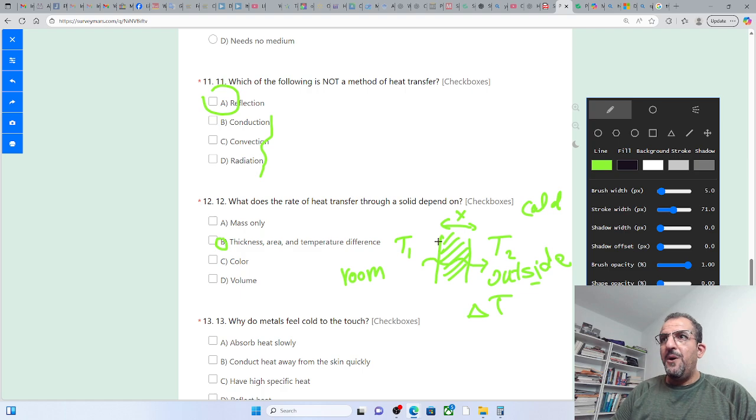So when we study heat flow, we need to know the temperature difference between inside and outside, and also the thickness of this material, and of course the cross-sectional area of the wall is also very important.